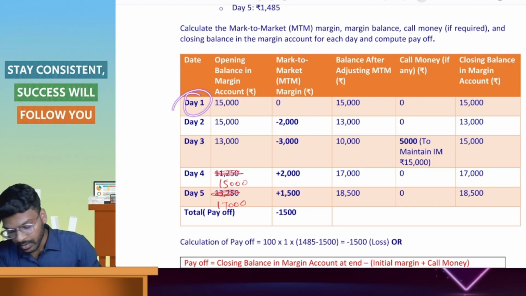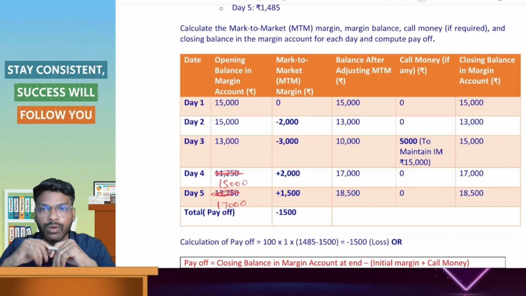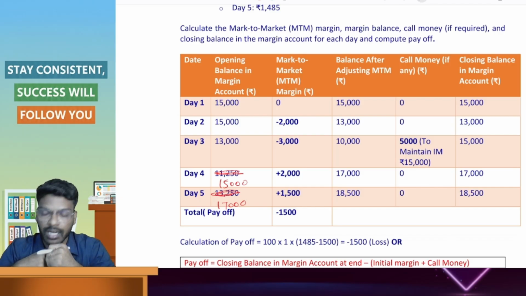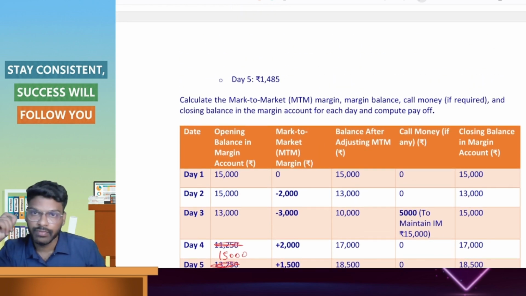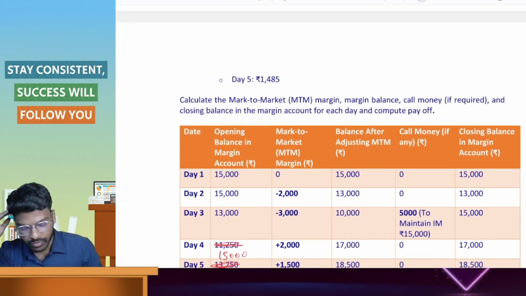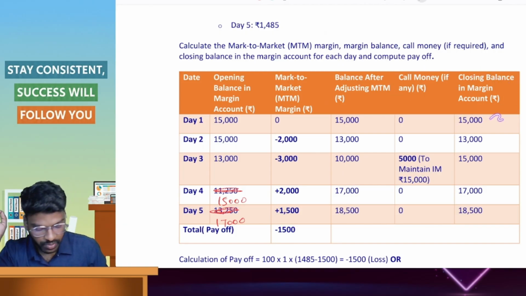On the first day, we have an opening balance of 15,000 in the margin account. The investor's margin account will have 15,000 of initial amount. So there is no mark to market margin on the first day. The price on the closing day is also 1,500. There is no call money required. Also the closing margin balance is 15,000.